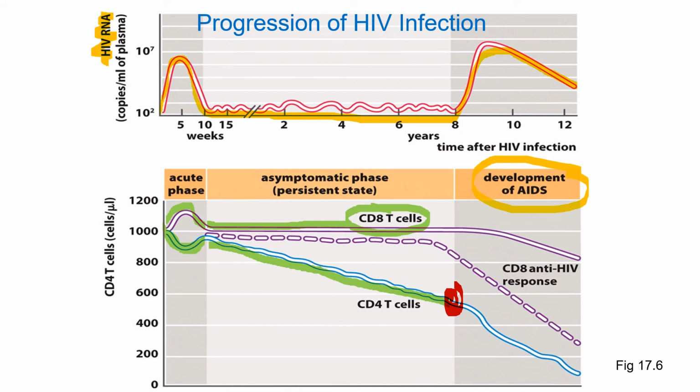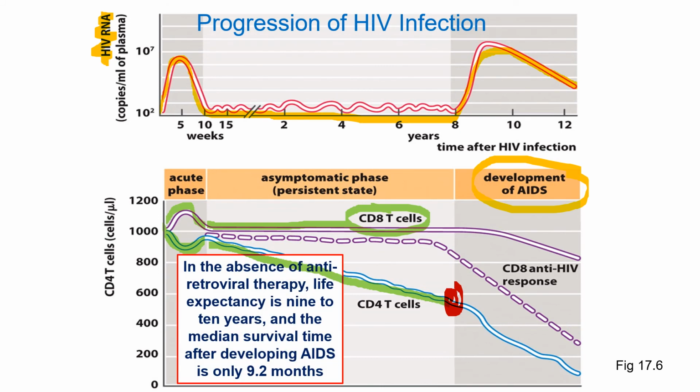We talked about disseminated shingles, we talked about thrush, tuberculosis, and there's a whole list of various diseases that people will get when they hit AIDS, clinical AIDS. Here's a note here. It says, in the absence of antiretroviral therapy, life expectancy is about 10 years. And the median survival time after developing clinical AIDS is 9.2 months.